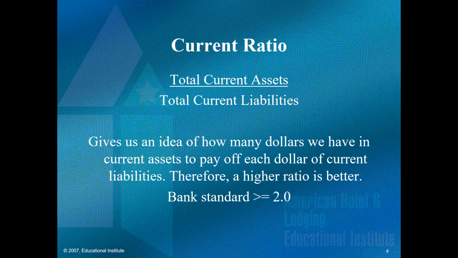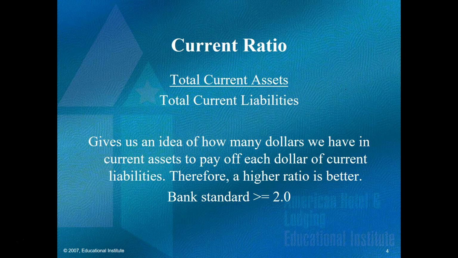This gives us an idea of how many dollars we have in current assets to pay off each dollar of current liabilities. Think about what's happening here. Let's say this ratio is 3.